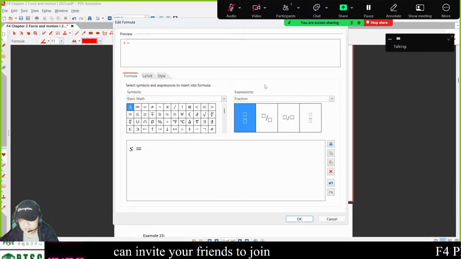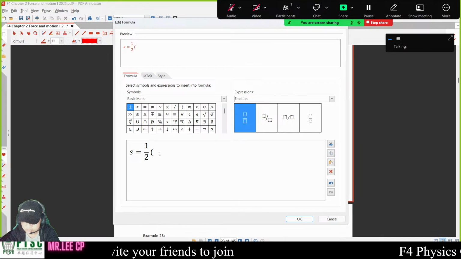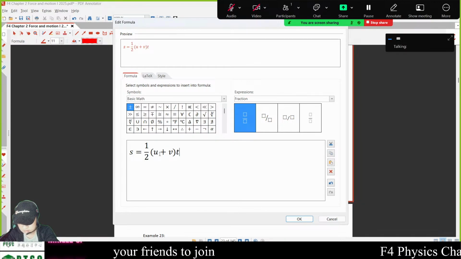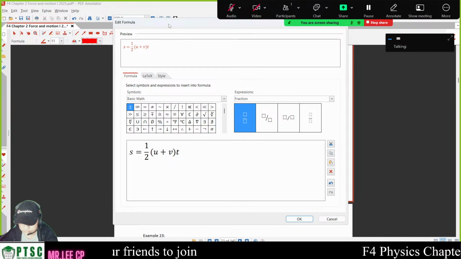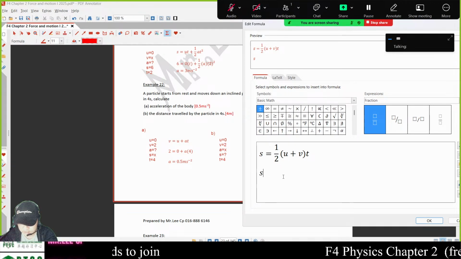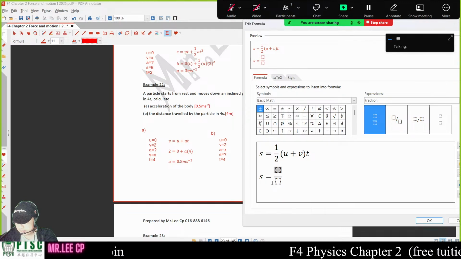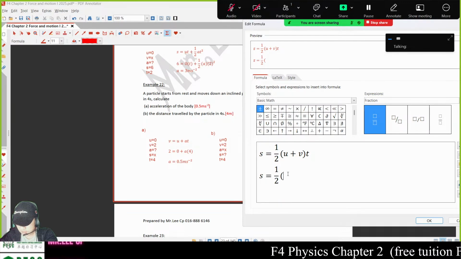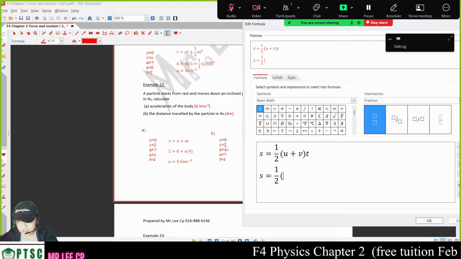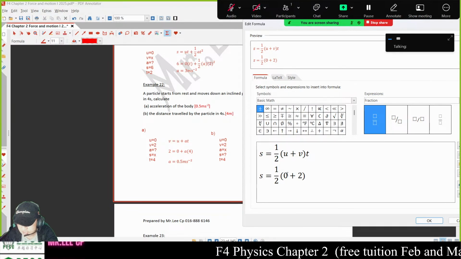S is equal to half U plus V times T. S, put it in, don't have, just put it as half U plus V, 0 plus 2, times T, it is 4.